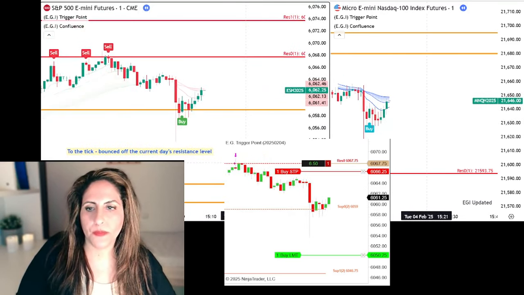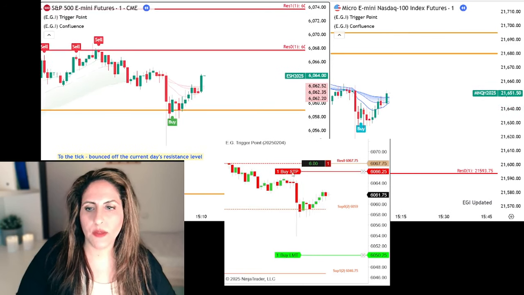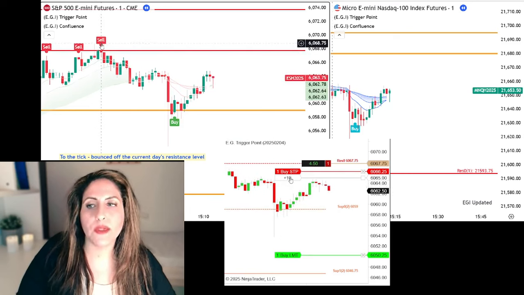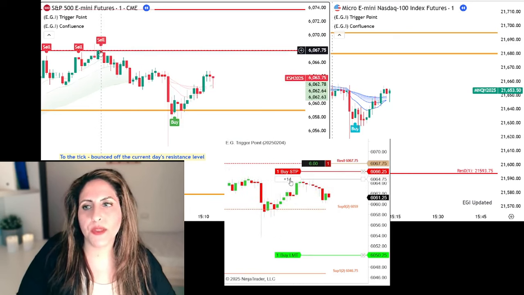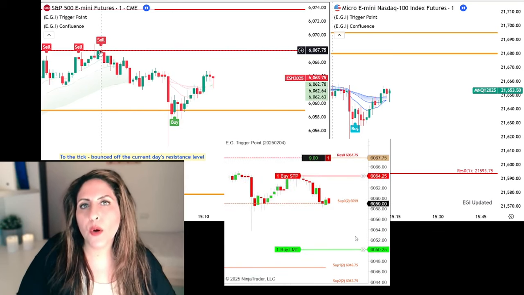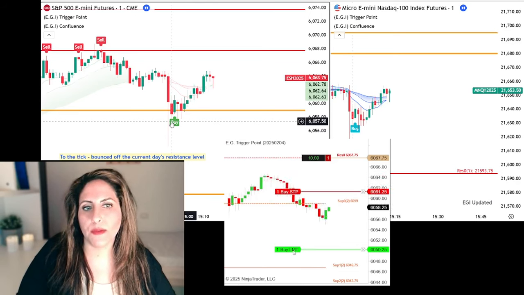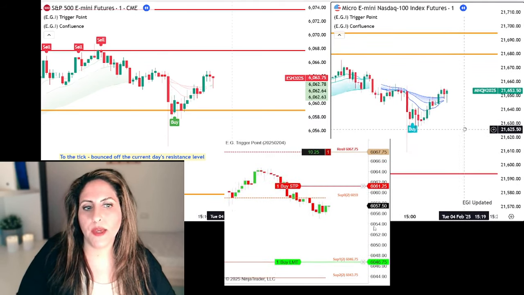Okay, you can see how strong the confluence signals are when they are generated off our trigger points or when they are aligned with a correlated asset. Okay, guys.